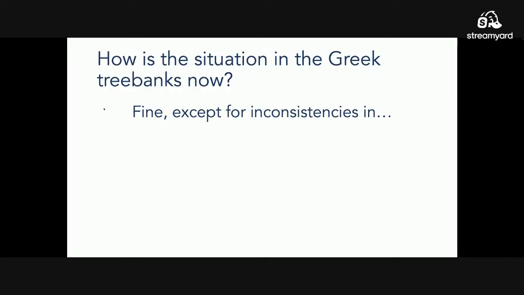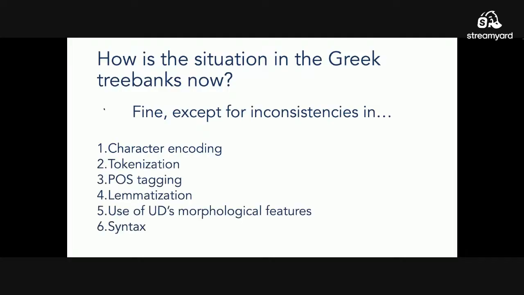Well, we have a lot of data, so it's good, except that there are a lot of inconsistencies in quite a lot of different areas, including even character encoding, so that the projects don't even agree on the type of Unicode encoding to represent the characters.